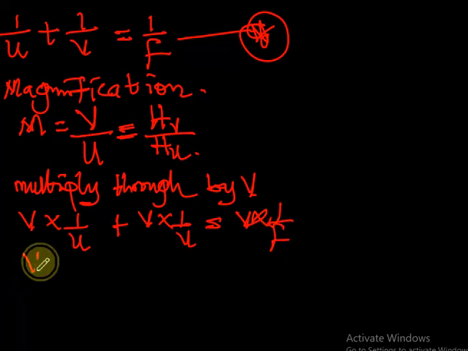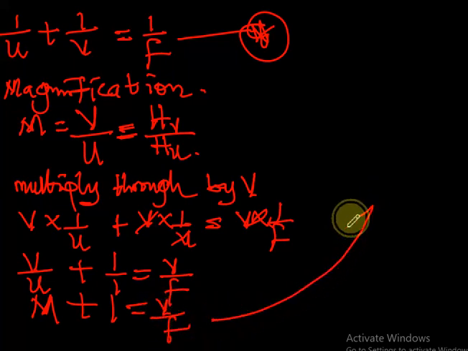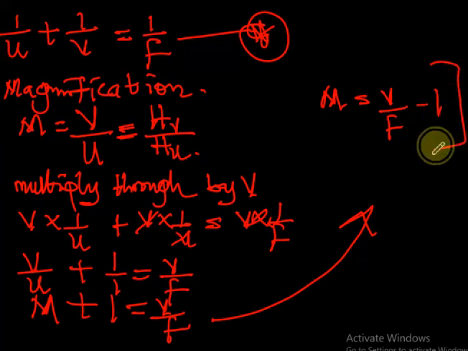So v over u plus v, cancel v here, I'm left with 1 equals v over f. So v over u here represents m, magnification. So m plus 1 equals v over f. That can give m to be v over f, and if you take that 1 to the other side, minus 1. This is an expression for magnification from the mirror's formula.